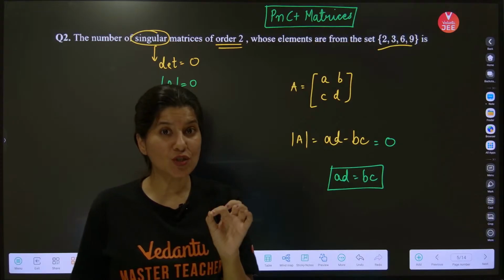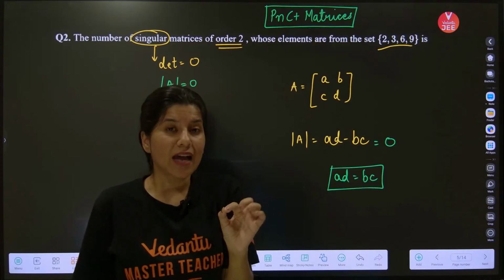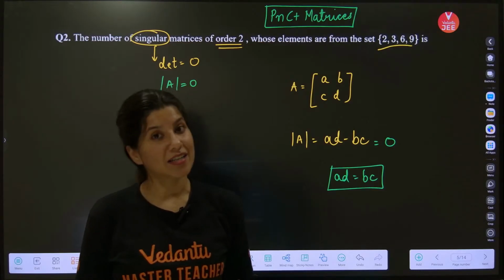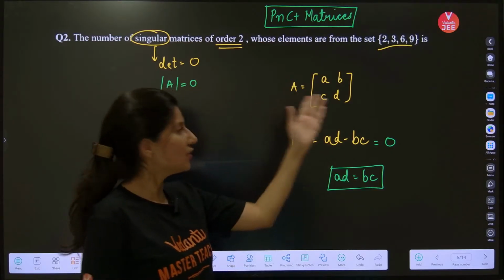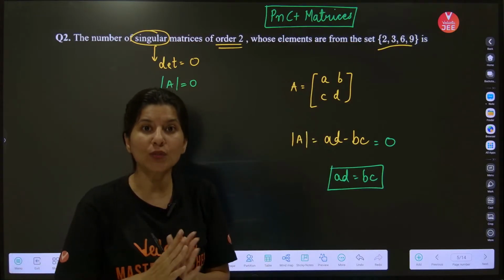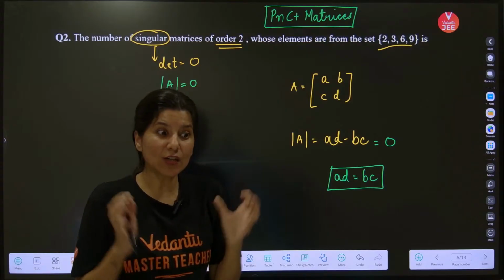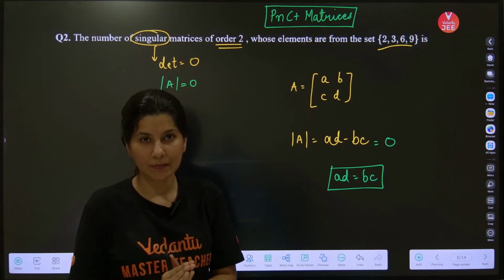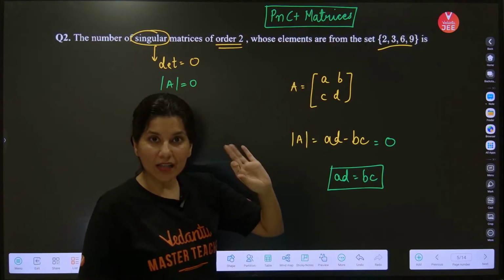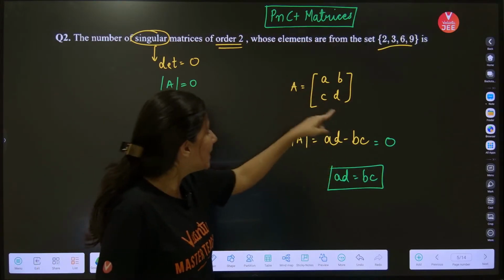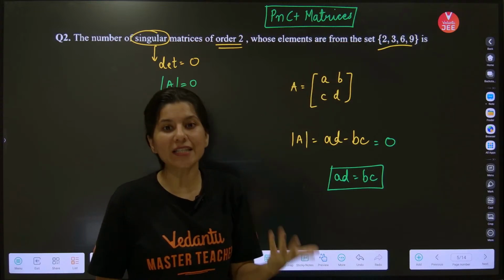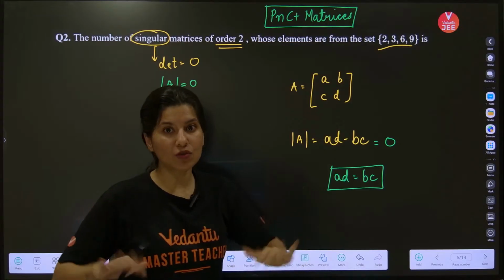In the question it is never mentioned that repetition is not allowed. So repetition is allowed, because nothing says all digits should be used or that you have to use all the elements. In fact, you can create a matrix in which all the elements a, b, c, d are just 2, or all just 3, or just 6.